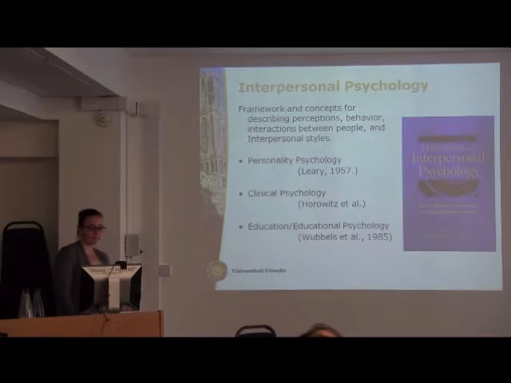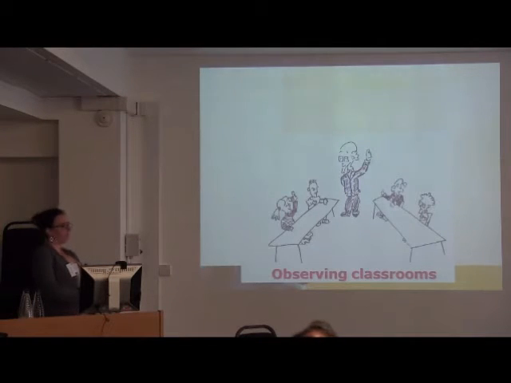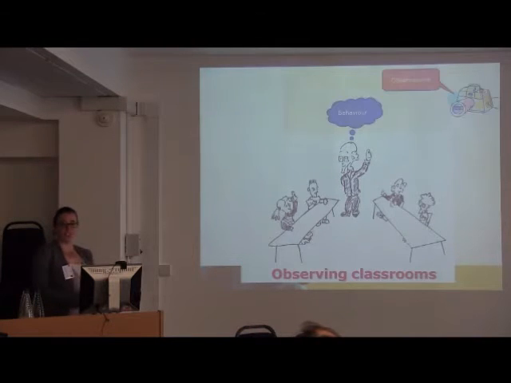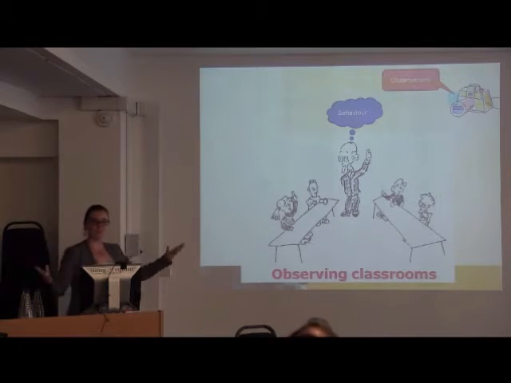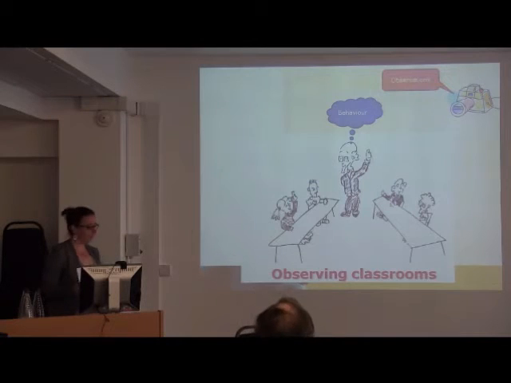You have all been in classrooms before, as a student or maybe as a researcher. So we've all seen the teacher and the students. The teacher does something, wants to explain something, uses gestures like I'm doing now, walks around, and we can observe this.